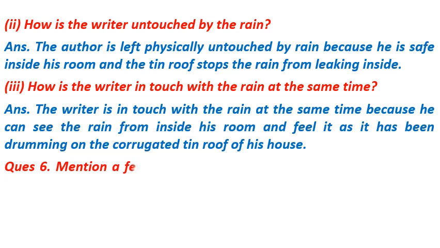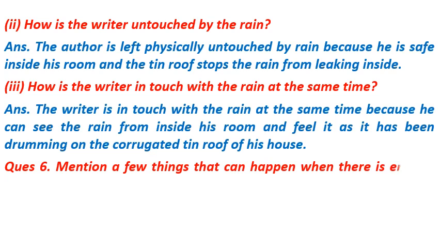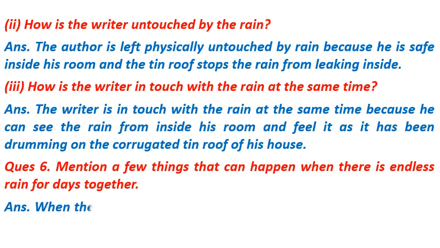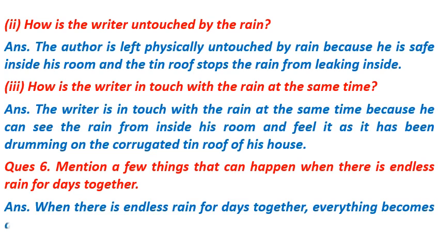Question number 6 is, mention a few things that can happen when there is endless rain for days together. The answer of the question is, when there is endless rain for days together, everything becomes damp and soggy.